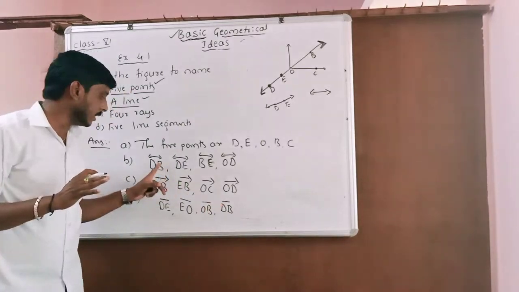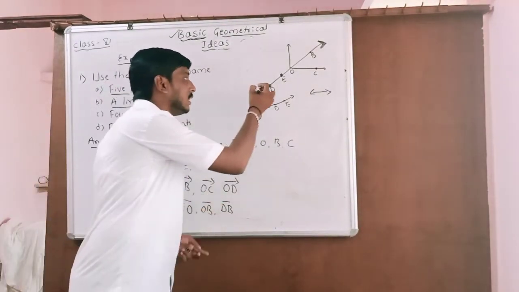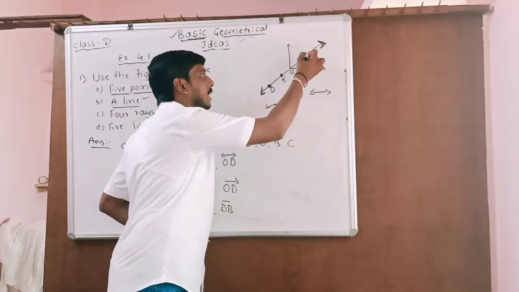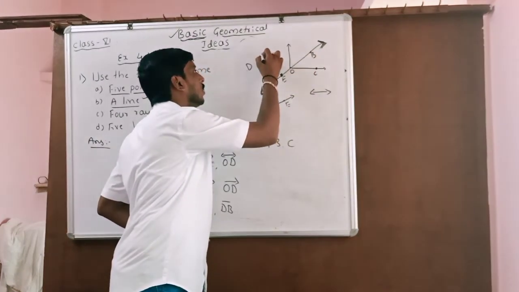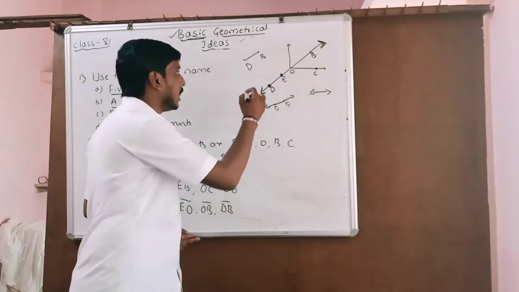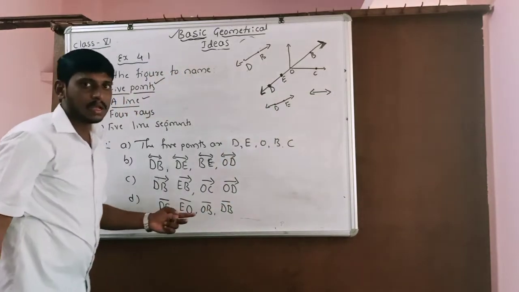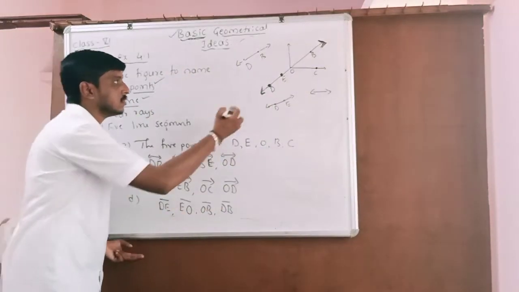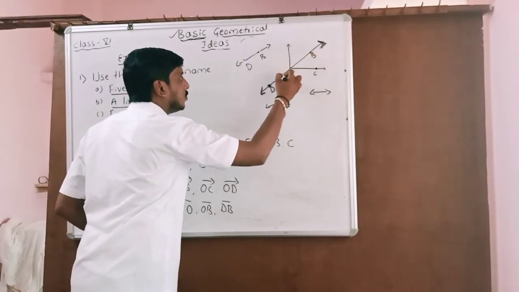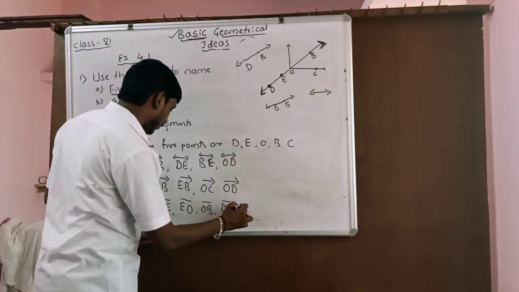Sorry, here you wrote DB is a line. Here you wrote line segment. If you consider these two as endpoints, then it is nothing but a line segment. If we consider both sides extended, it is nothing but a line. So DB is also one line, and EB, these two are endpoints.